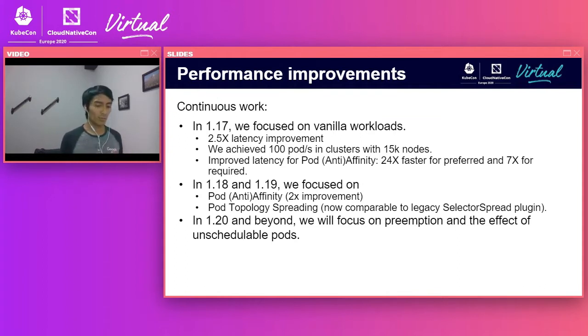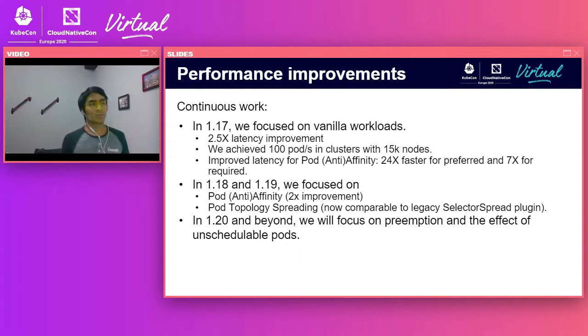That is workloads that don't use any specialized scheduling features such as affinity or the new pod spreading API. In these workloads, we obtained a 2.5x latency improvement. And this improvement is actually what allowed us at Google to achieve 100 pods per second in 15K nodes, or clusters with 15,000 nodes.